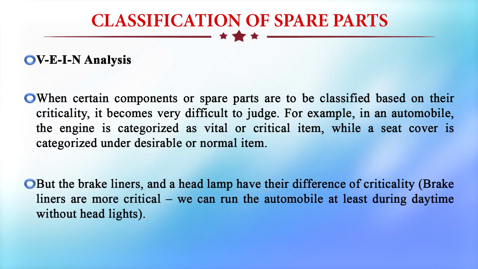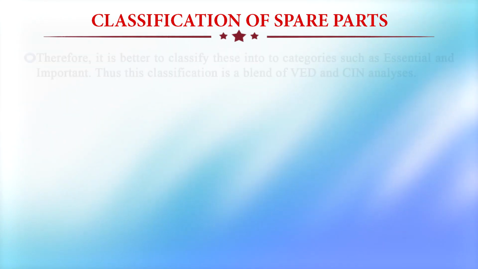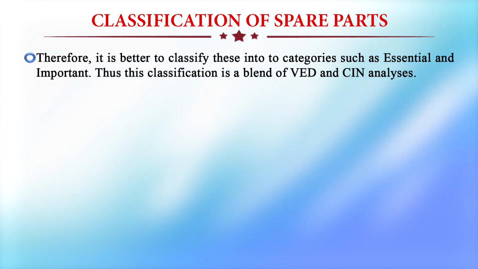But the brake liners and the headlamp have a difference of criticality. Brake liners are more critical. We can run the automobile at least during daytime without headlights. So, therefore, it is better to classify these into categories such as essential and important. Thus, the classification is a blend of VED and CI analysis.